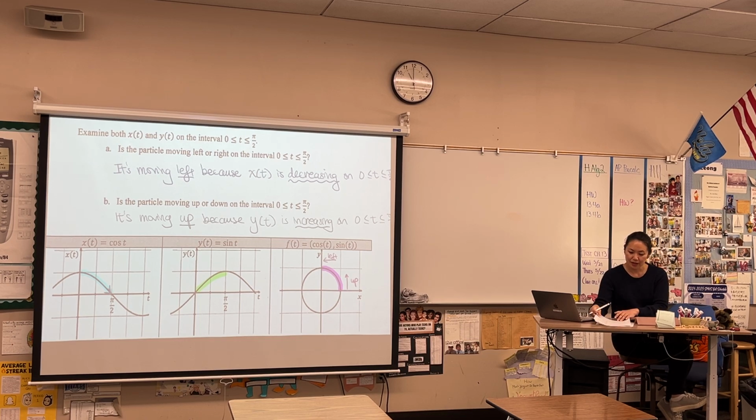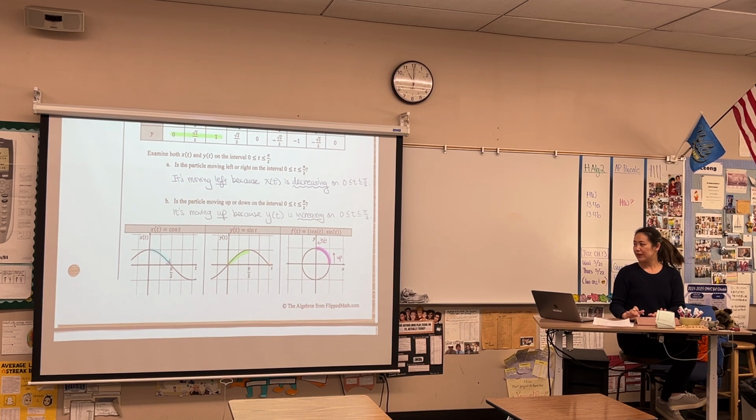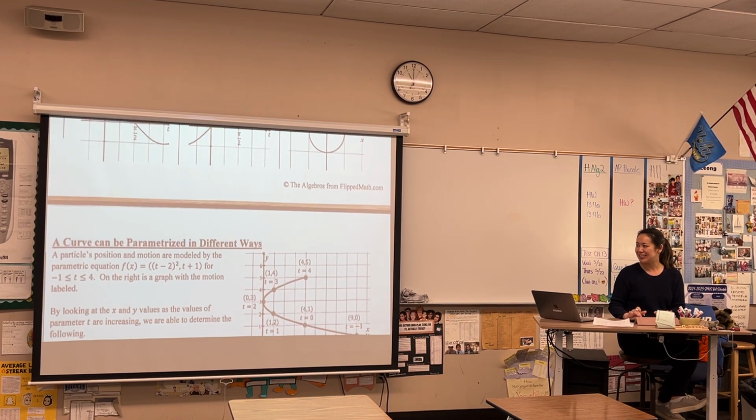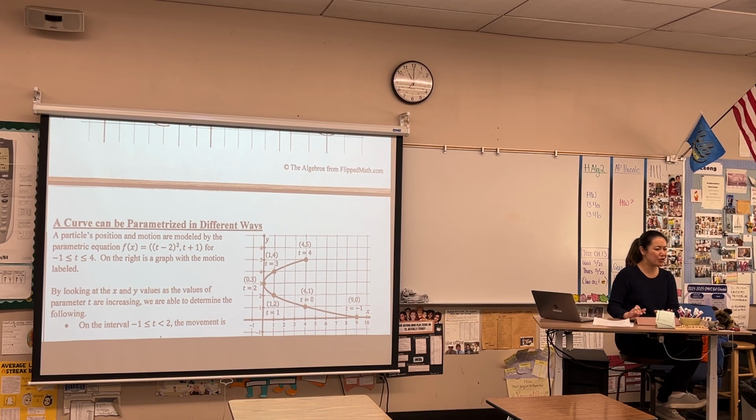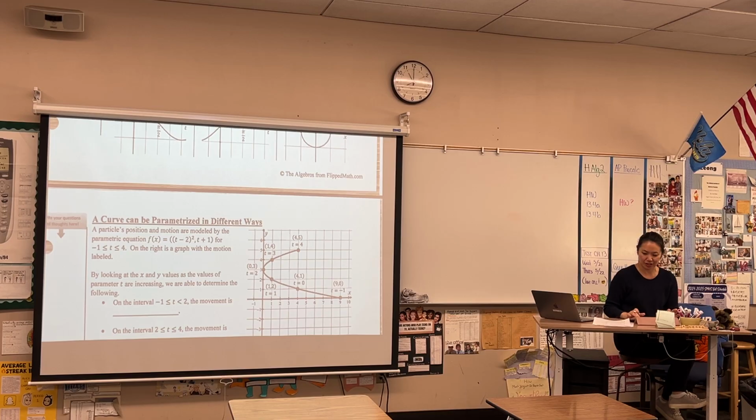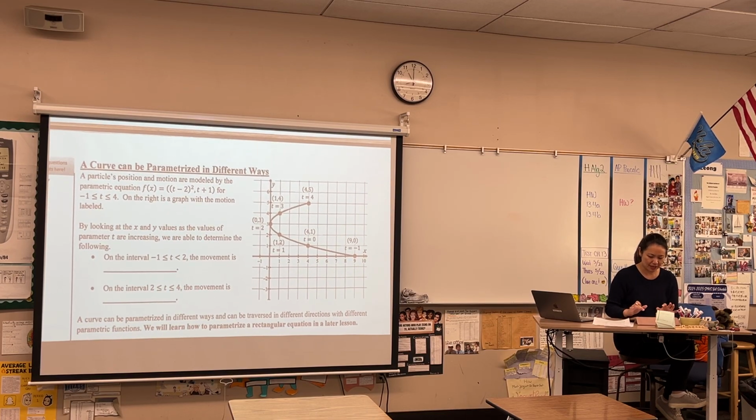Okay. A curve can be parameterized in different ways. You might have the same curve, but different t's and different directions. I want to show you how that can change. For example, this particle's position and motion are modeled by this over this interval, and they already graphed it for you, going in this direction.